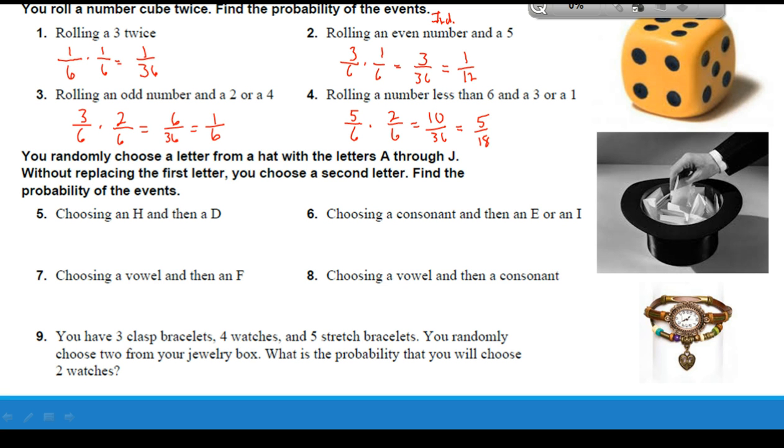Okay, so let's look at this. We have a magician and a magic hat and some letters in the hat. So you may choose a letter from a hat randomly, A through J. Now without replacing, okay, so this without replacing is super important. That means that this is a dependent event.